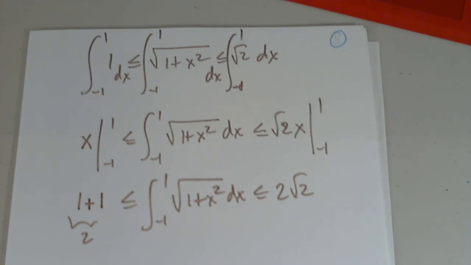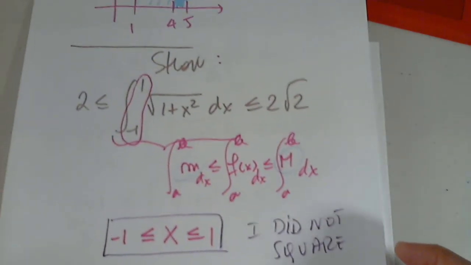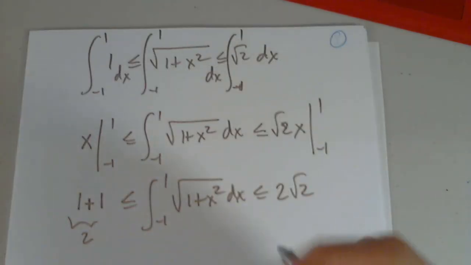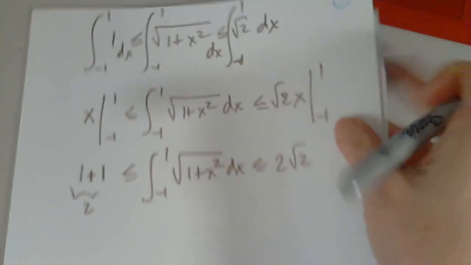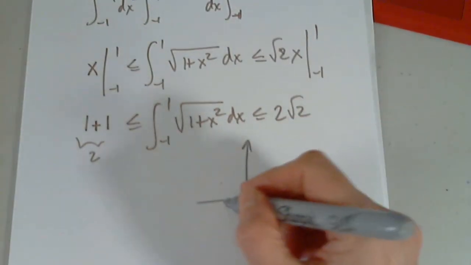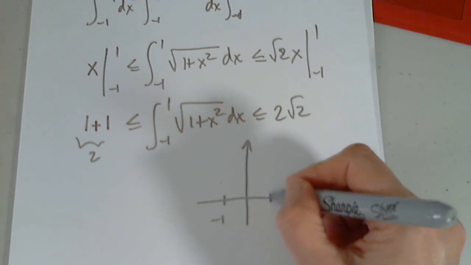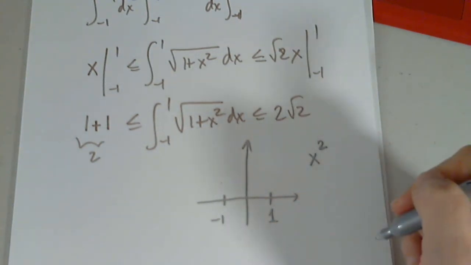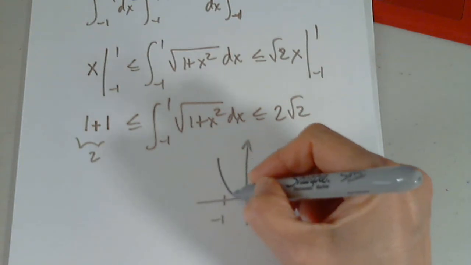Any questions before we continue? So going back to that x squared part, yes. So you didn't square it, so what exactly happened there then? So if I have a number between -1 and 1, and the function is x squared, the function looks like this.